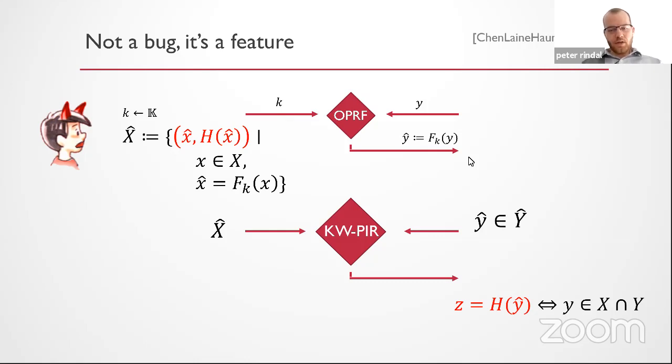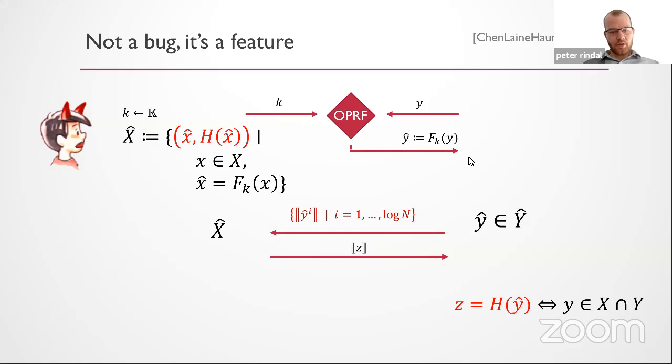And so now the question is, how could a malicious sender cheat? One of the classic attacks is that they simply make the receiver output their whole set. They always output everything, so the intersection is always everything. But if you wanted to do this, it's actually quite difficult. So if we inline our protocol, again, get rid of the PIR abstraction, say the malicious sender wants to force some Y to be in the output.